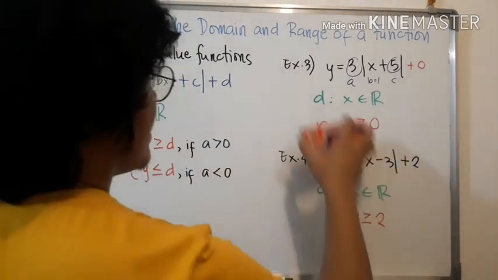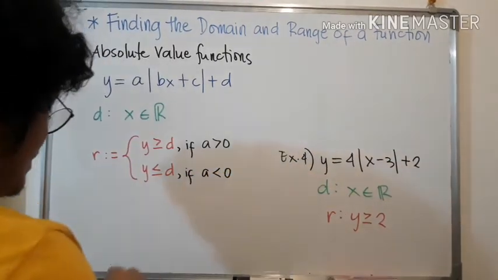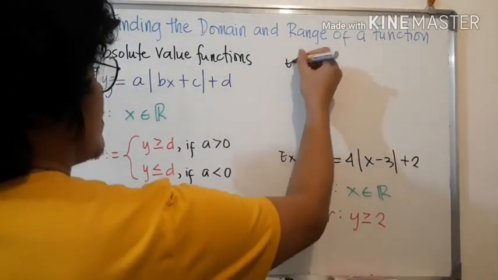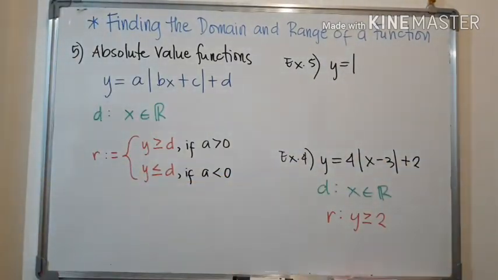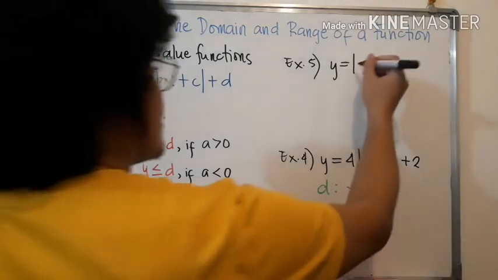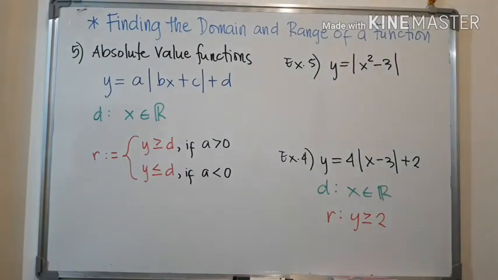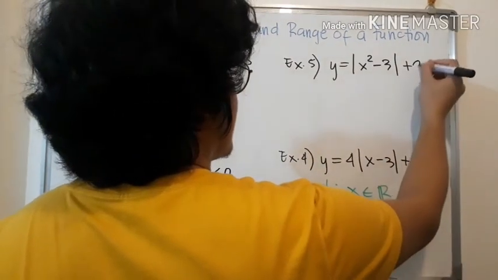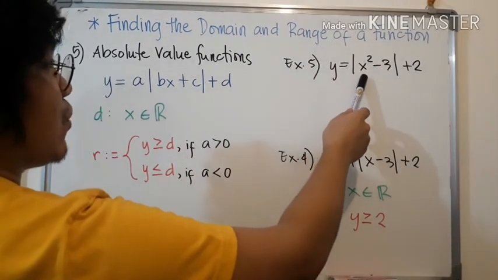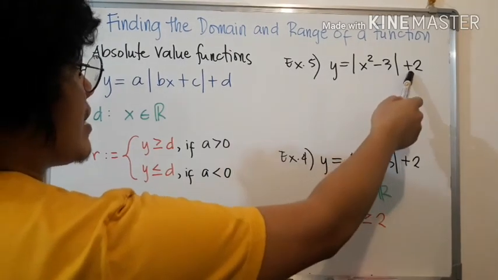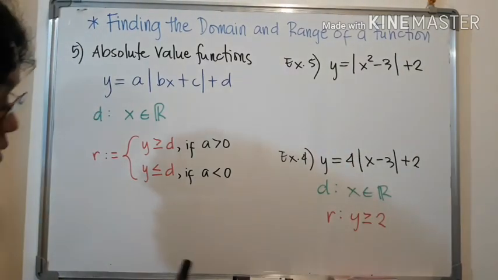Okay, let's have the last example. Okay, so we have y is equal to the absolute value of x squared minus 3, plus 2. Or the absolute value of the quantity x squared minus 3, plus 2.